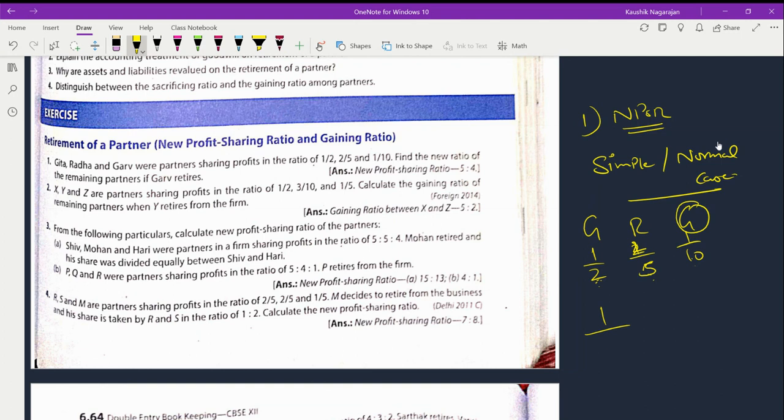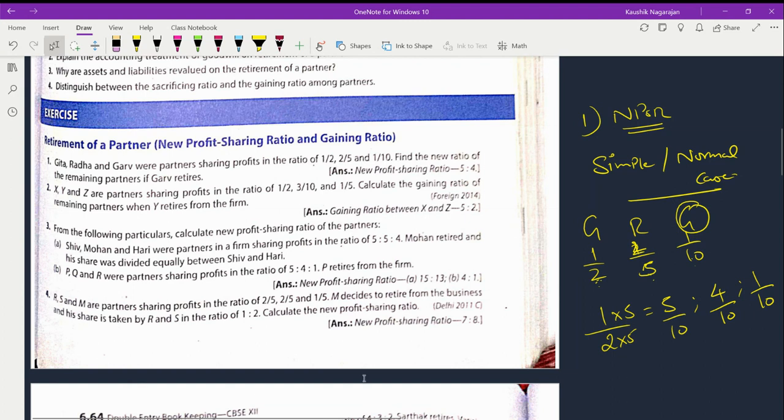The same way, numerator should be multiplied with 5. So 1 by 2, I am multiplying this with 5. So this gives me 5 by 10, for the other person, 2 by 5, 2 will be multiplied 2 times. So that gives me 4 by 10, and over here it gives me 1 by 10.